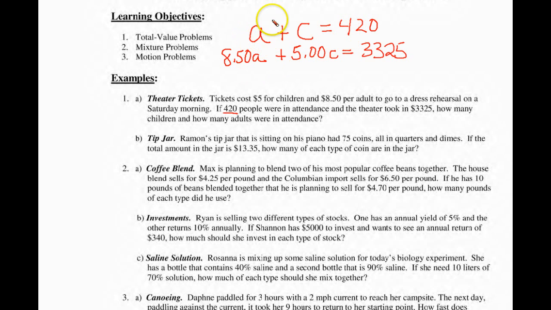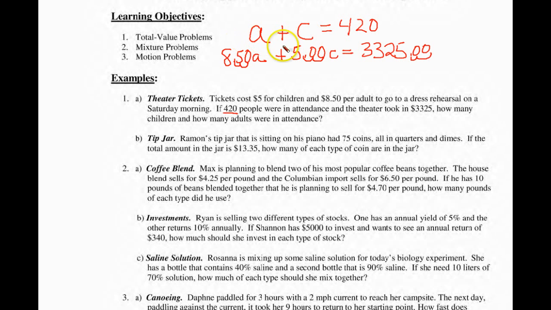If you were going to use elimination, you would have to multiply one of these, let's say this one, by a negative 5. And again, you might want to get rid of the decimals by multiplying each term by 100. Here you'd have to add 2 zeros.